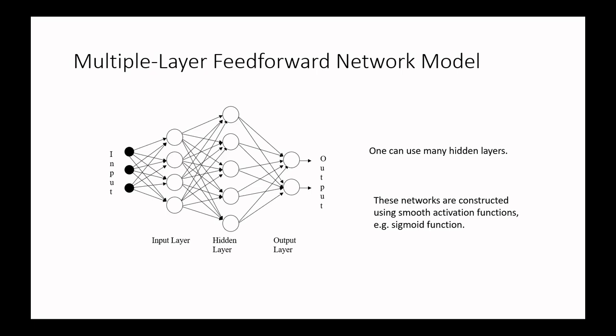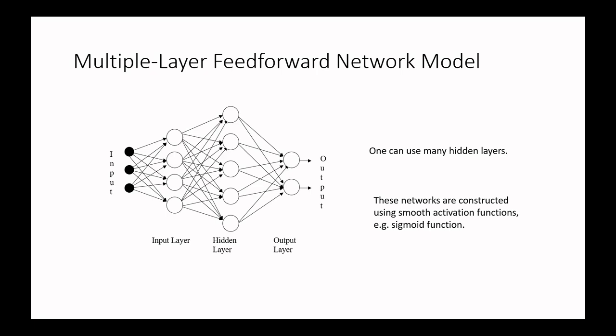The basic idea is that you have an input layer, a hidden layer, and an output layer. With these three layers, as I showed you earlier, you can get any arbitrary boundary. So you really don't need anything more than this. One can use such a network to figure out any mapping that might be presented in your training examples.